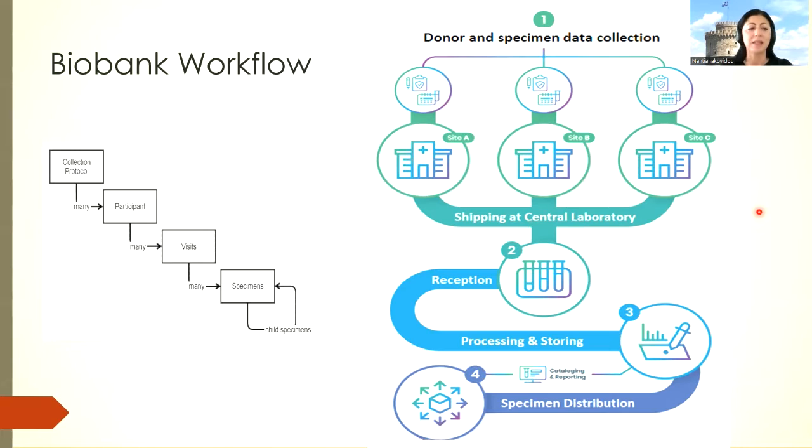The next phase includes reception of the shipment, which means reception of the specialized boxes that include the primary specimens from the lab technicians, and after that, the reception of each specimen individually follows. The next phase includes processing and storing of the samples, and the final step of the biobank workflow includes the specimen distribution.